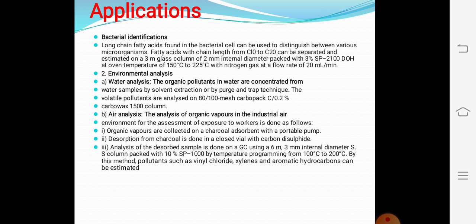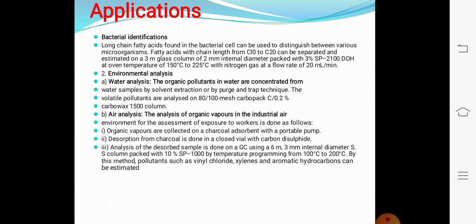The analysis of organic vapors in the industrial environment for the assessment of exposure to workers is done as follows. First, the organic vapors are collected on charcoal adsorbent with a portable pump. Second, desorption from charcoal is done with carbon disulfide.